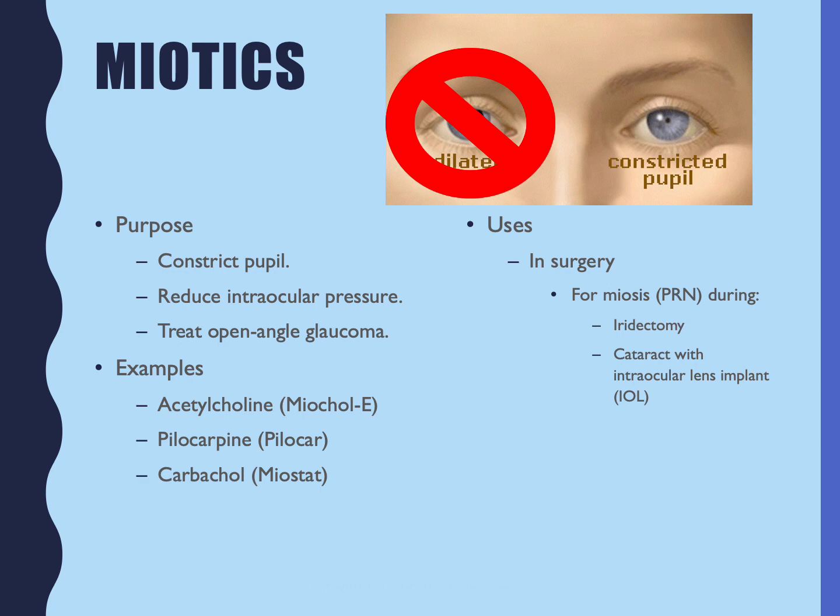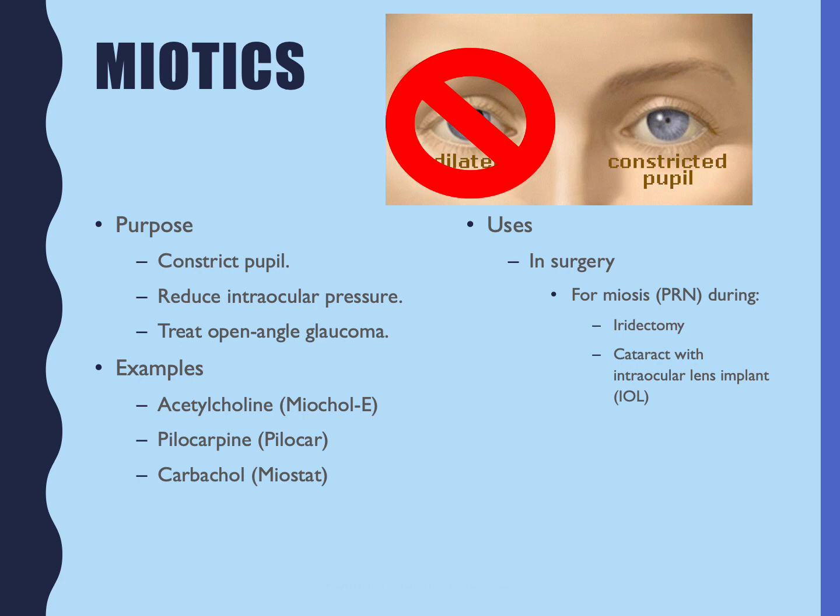And they can also be used intraoperatively when pupillary constriction is indicated, like when we're doing a laser iridectomy, which is a removal of a portion of the iris. Sometimes we do this to treat glaucoma. They're also used to maintain the position of an implanted intraocular lens.